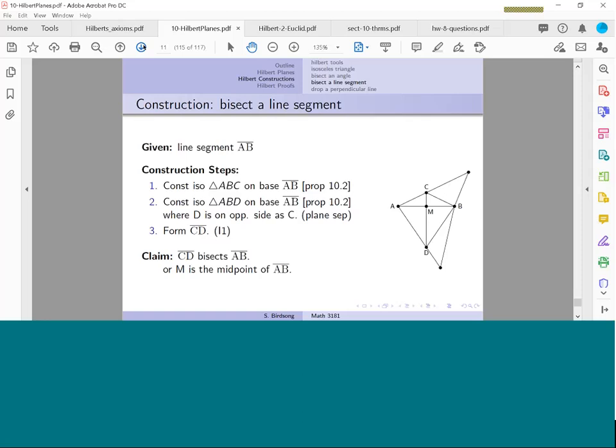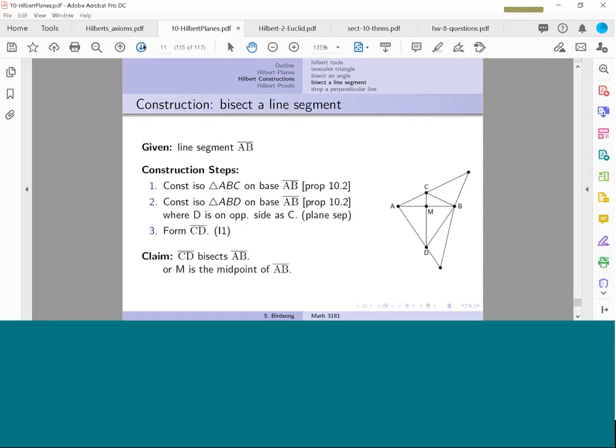Yes, you can also bisect the angle up there at C in the first original isosceles triangle, but then when you get into the proof part of it, the proof is a little bit harder than this proof would be. On this one, you can just look at your different triangles and use something similar to what we did when we proved this construction back in classical geometry, where side, side, side gives you that these two triangles are congruent to each other.